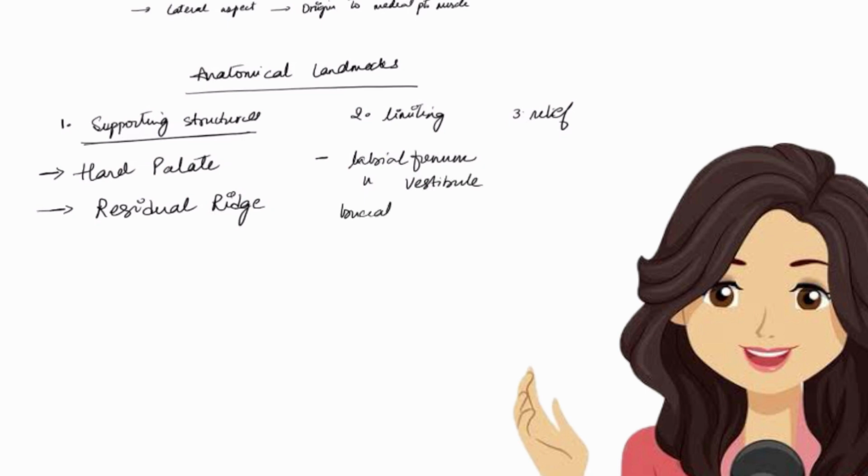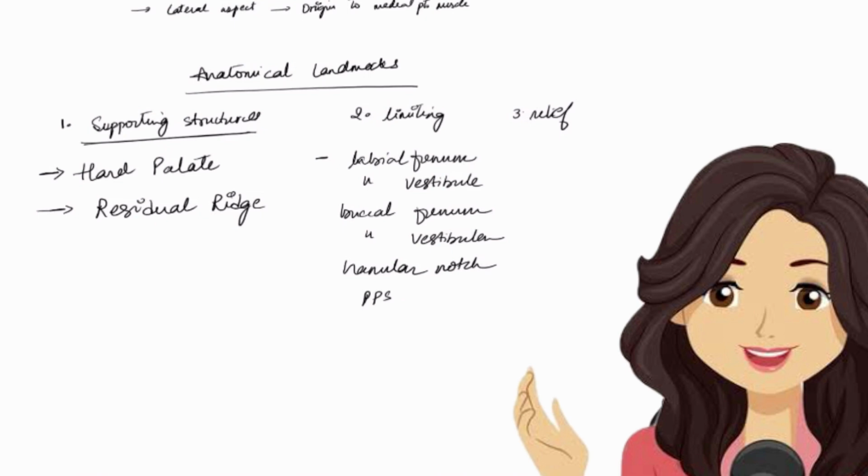Similarly, you have the buccal frenum and the buccal vestibule. Then you have a structure posterior to the tuberosity, which is called the hamular notch. And then you have your posterior palatal seal area.